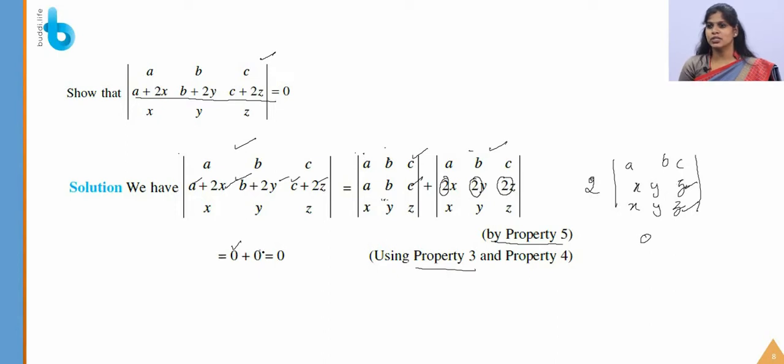So that's why it is written 0 here, hence the value of this determinant is 0. So what property is used? Property 4. See, in the same sum, in the same example, we have used three properties. So this is how you will use the properties in solving the problems.